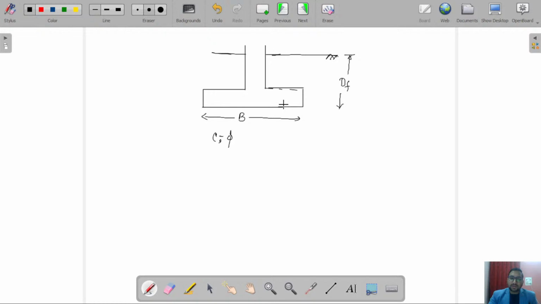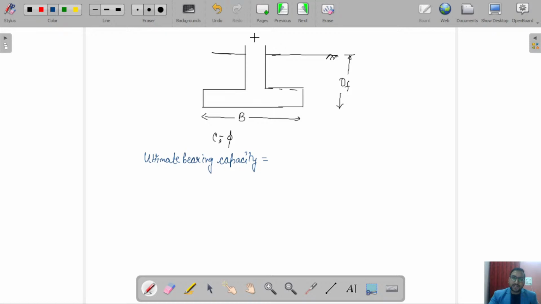If we are considering only that pressure, that is our net pressure, right? Suppose I say ultimate bearing capacity. What will be the ultimate bearing capacity? The maximum pressure which can be supported by this soil without shear failure.